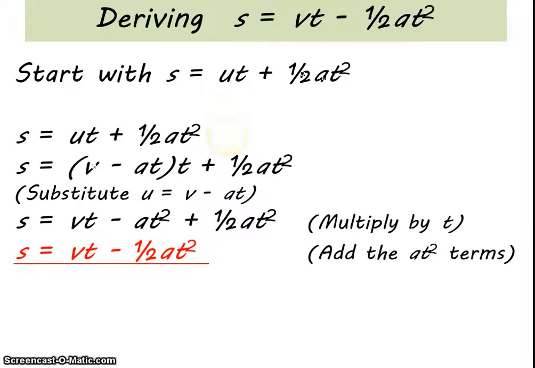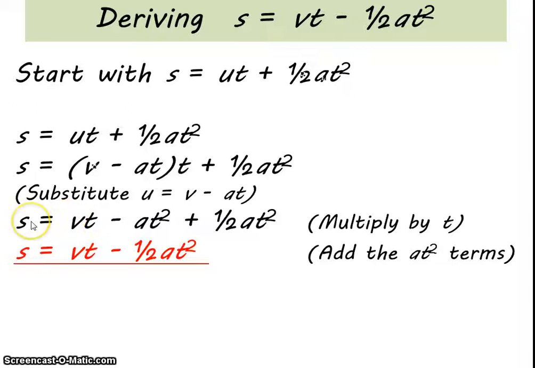But if we do it algebraically rather than graphically, you have the starting point of s equals ut plus half at squared, and I can change the u here for v minus at: final velocity, take away acceleration times by time.